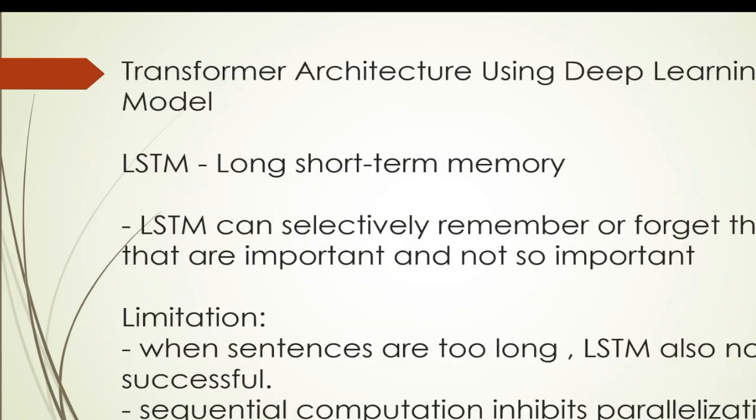This problem is resolved with another deep learning model called LSTM, long short-term memory. LSTM can selectively remember or forget things that are important and not so important, so it can prioritize the task.